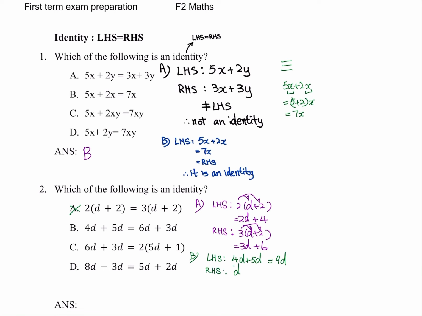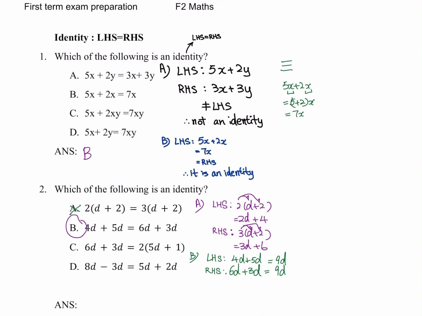It's 6d plus 3d. Do they have the same term? Yep, so you can combine them. 6 plus 3, 9d. See, on the left hand side we have 9d. On the right hand side we have 9d. Are they the same? Yep, they are the same. So that's why we can say this is an identity.